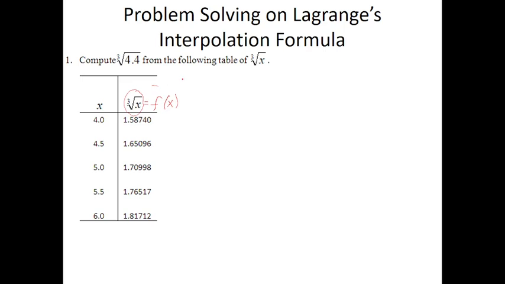We are to solve for the cube root of x applying the Lagrange interpolation formula, and in applying such, the function is approximated by a polynomial function. This is a radical function, right? This is a radical function, f of x, cube root of x.